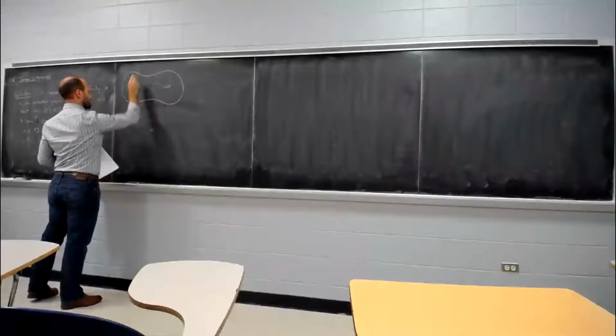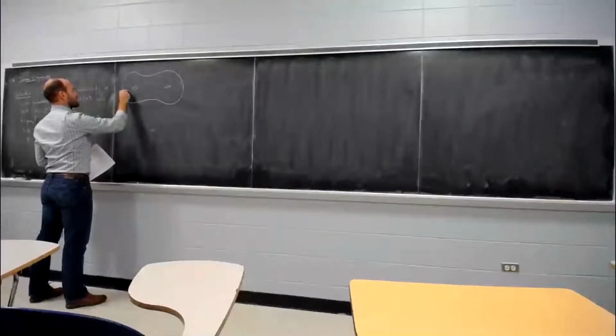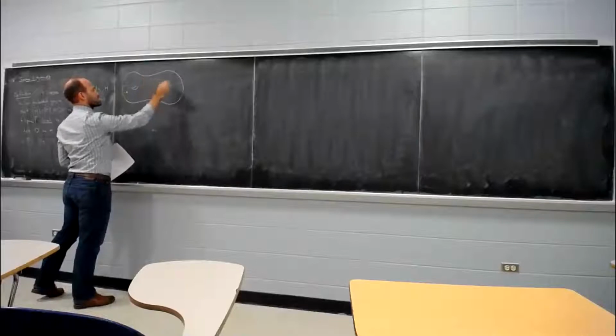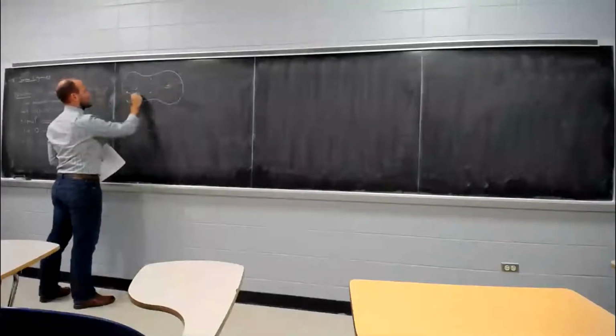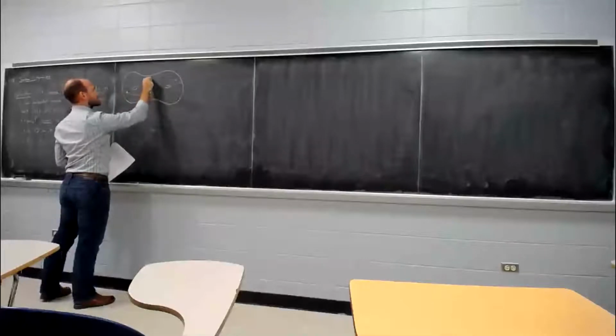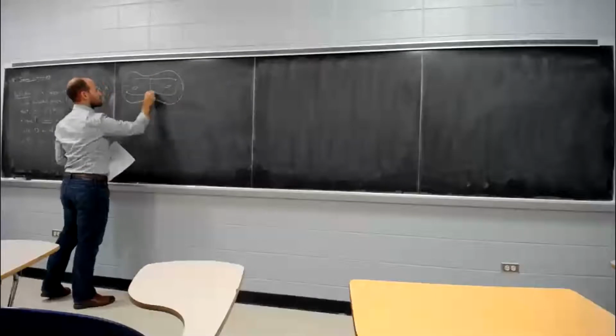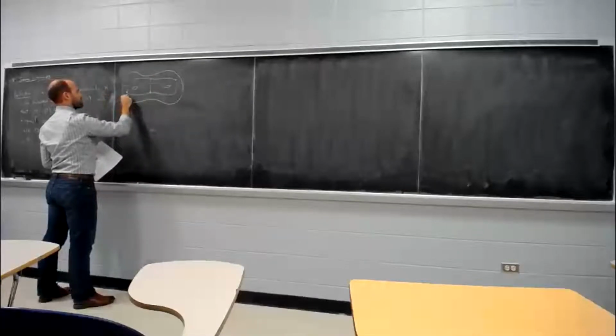Maybe something like this. So let's actually have a graph that has a couple of vertices, something like this. And then maybe it has edges like this. Something like that. So that might be our graph.